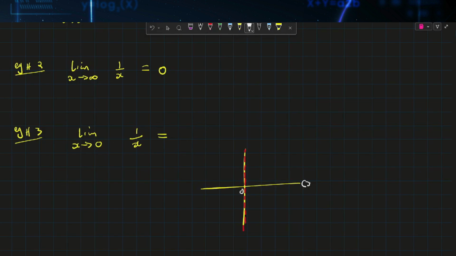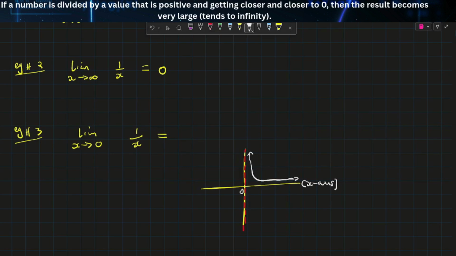As the x-axis approaches infinity, which is this side, our y value is getting smaller. It's approaching 0, but it will never reach 0. That's what we have noticed.